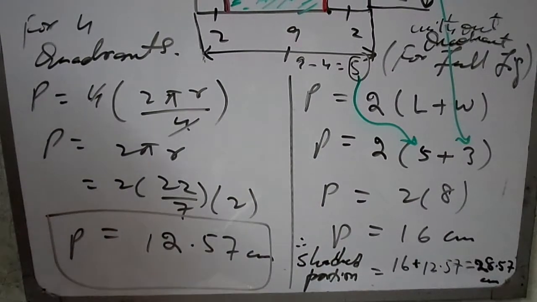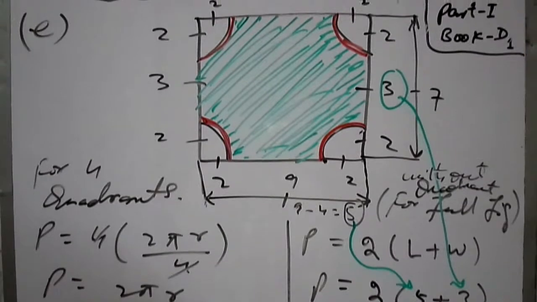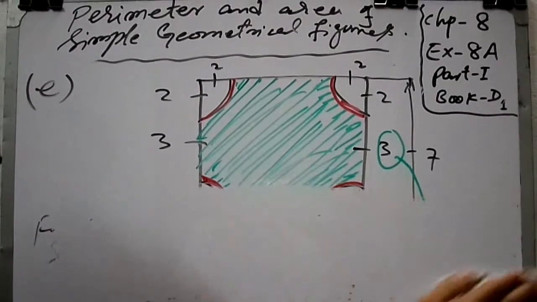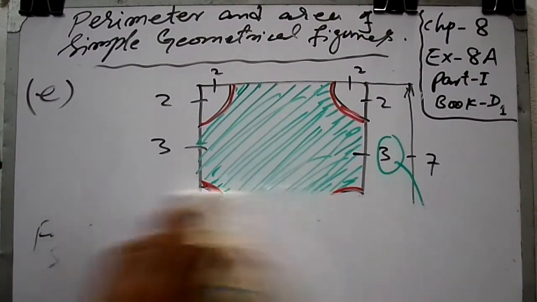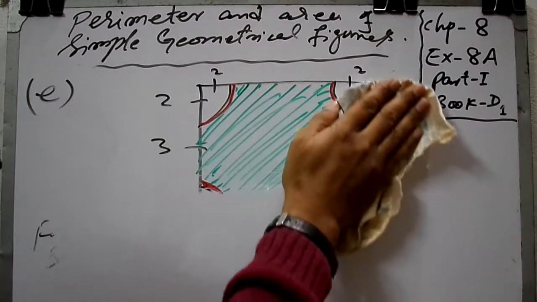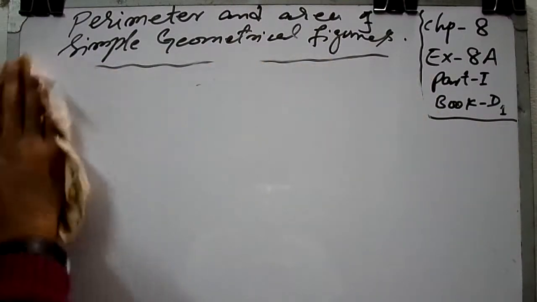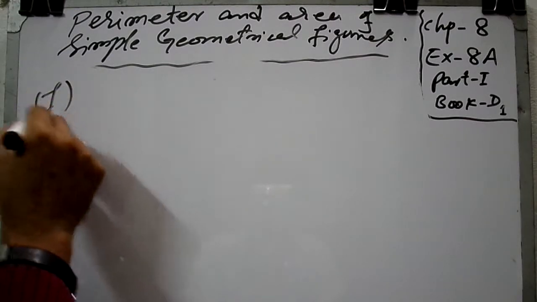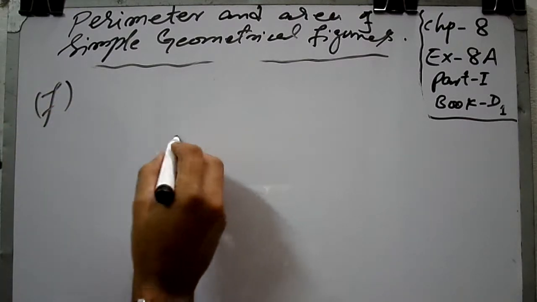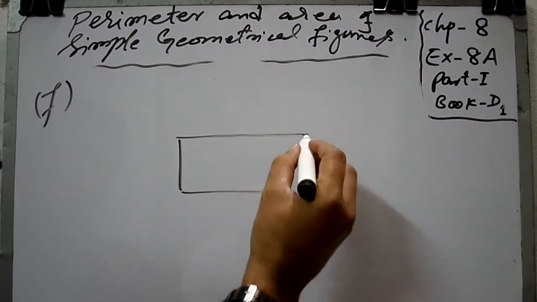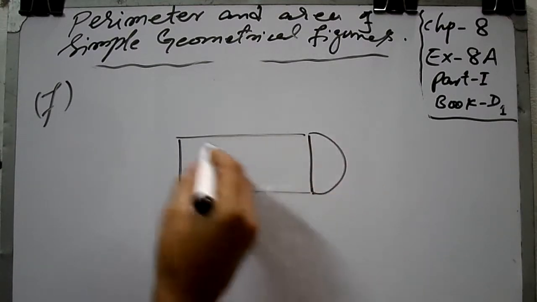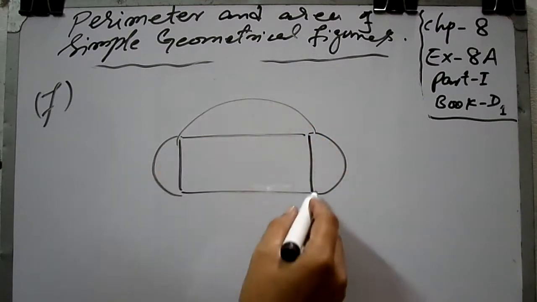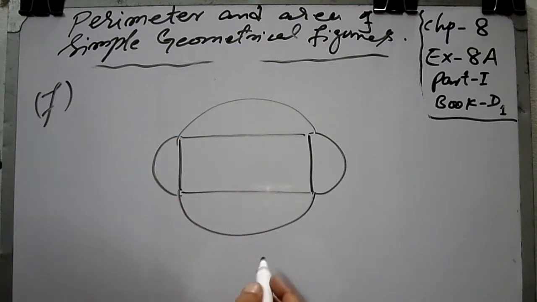So hence we have completed this part, but we still have another complicated part, that is part F. You can see the figure like this. Here you have semicircle 1, semicircle 2, and you have 4 semicircles.